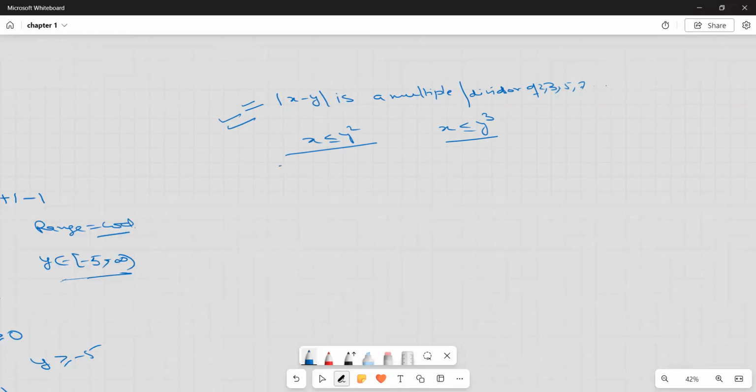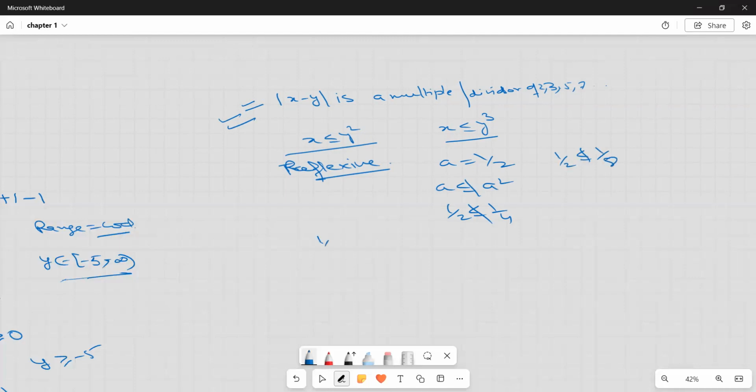Remember, for reflexive, you will take the fractional number. a is equal to 1 by 2. So a is not less than or equal to a square. Why? Because this is 1 by 2 and this is 1 by 4. So 1 by 2 is not less than or equal to 1 by 4, and for cube, 1 by 2 is not less than or equal to 1 by 8.